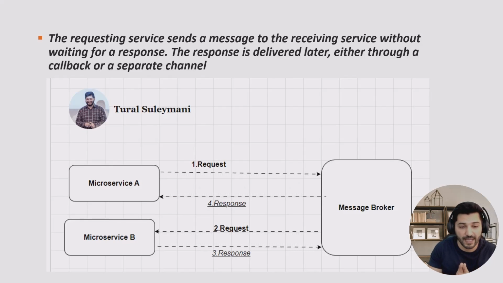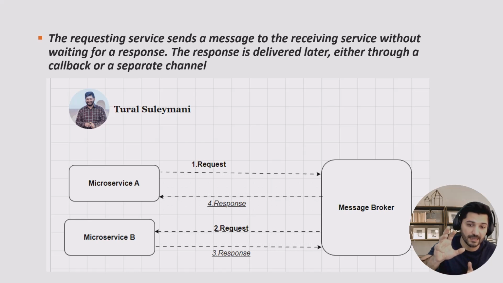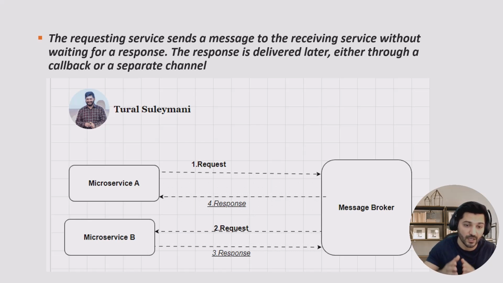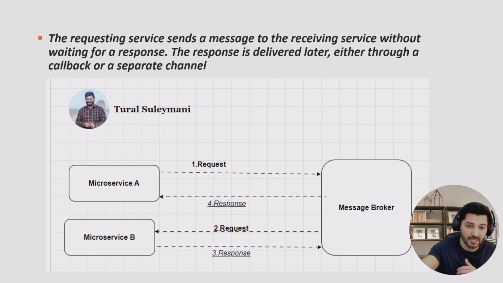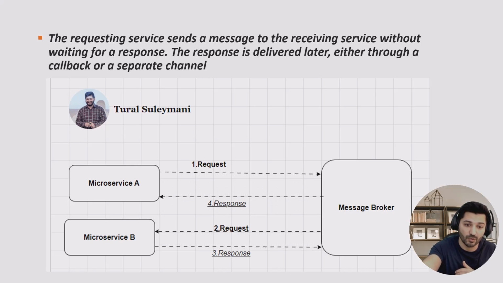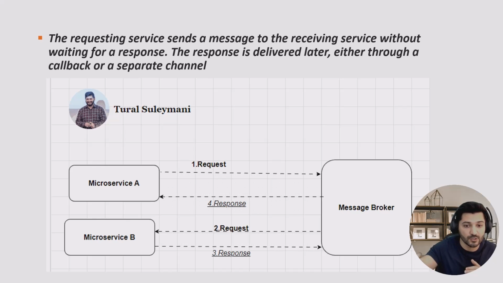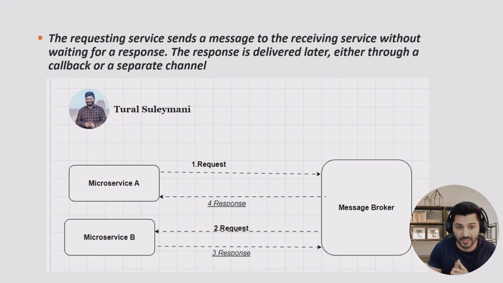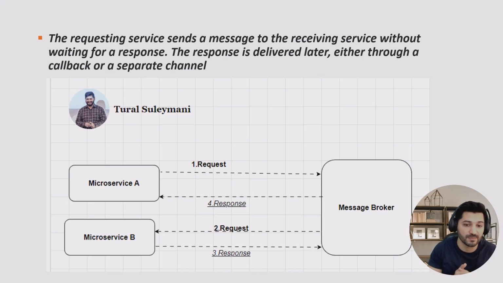But on the other hand, when you use asynchronous communication between microservices, in the middle there is a message broker. You are not sending requests directly to microservice B, you are producing data to the message broker. And we have other microservices that consume data from the message broker, okay? So microservice A acts as a producer and microservice B acts as a consumer, and in the middle we have the message broker.